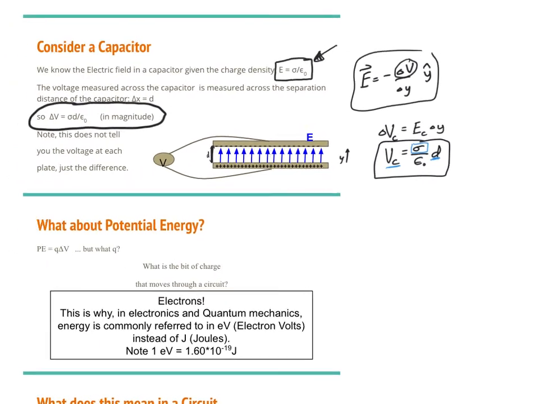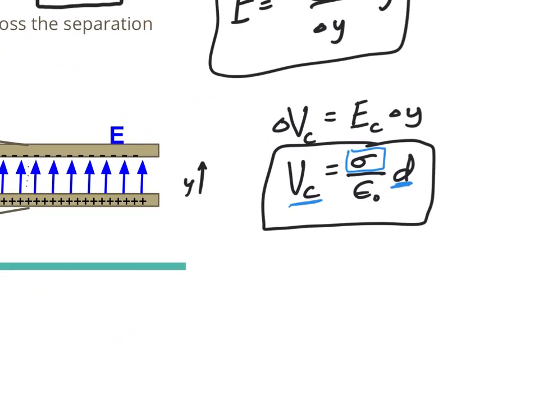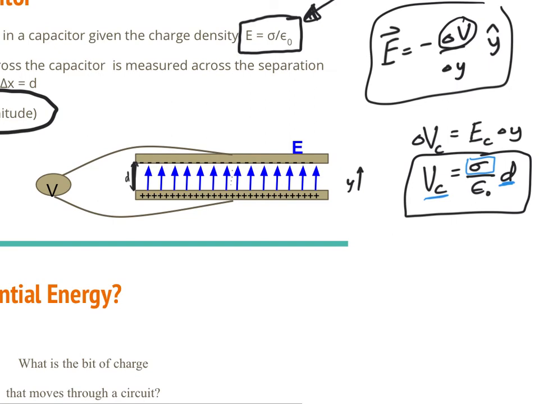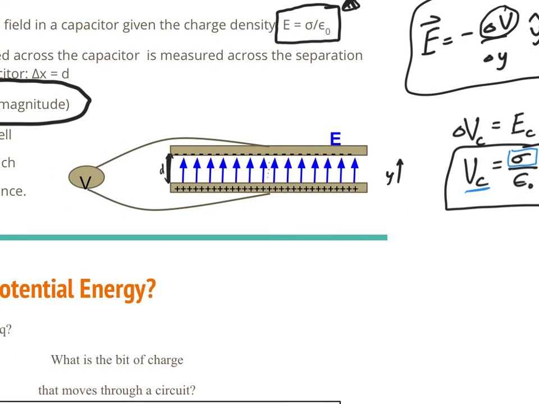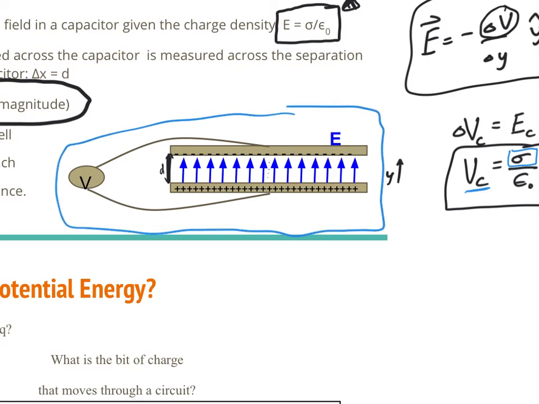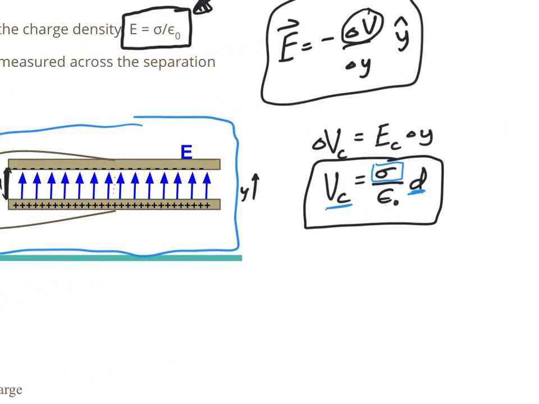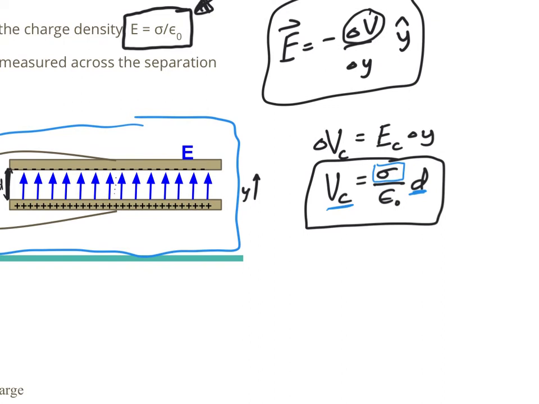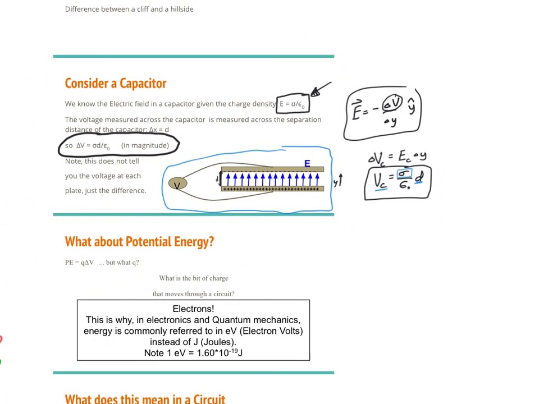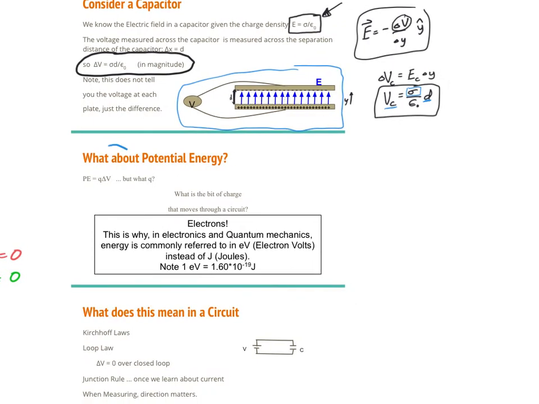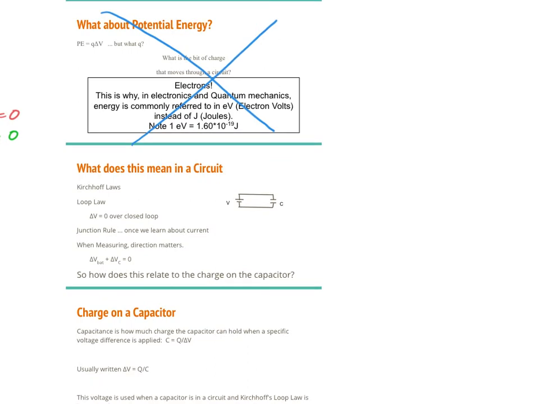So, you can use a voltmeter and directly measure the voltage across the two plates. That's what the circle V is. Or you can calculate, if you somehow have the more difficult to find information of the charge density and the distance between the plates. I'm going to skip this slide and go on to the next slide.